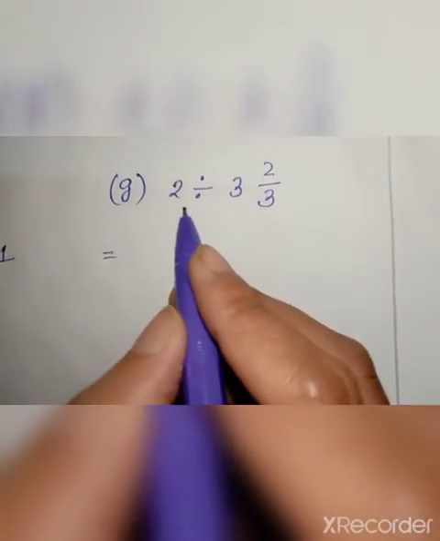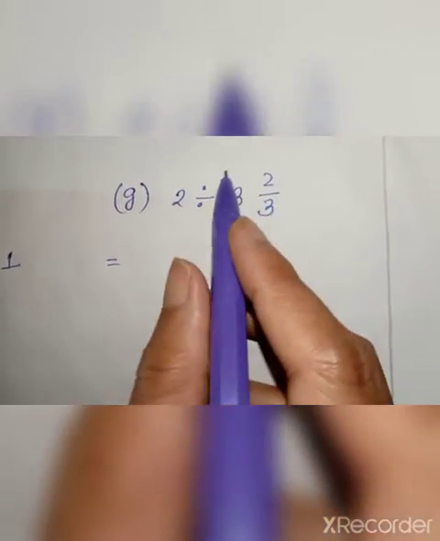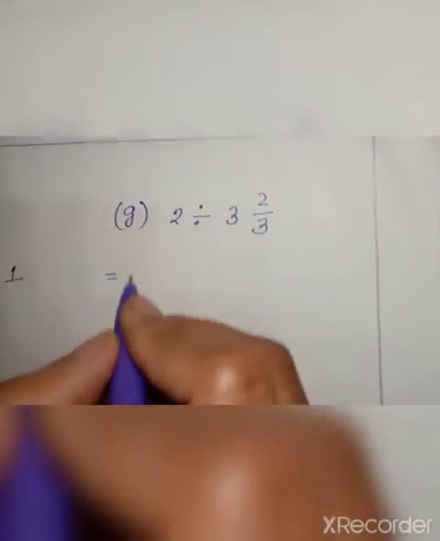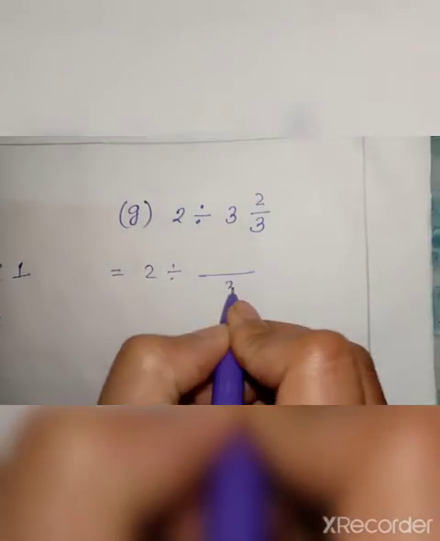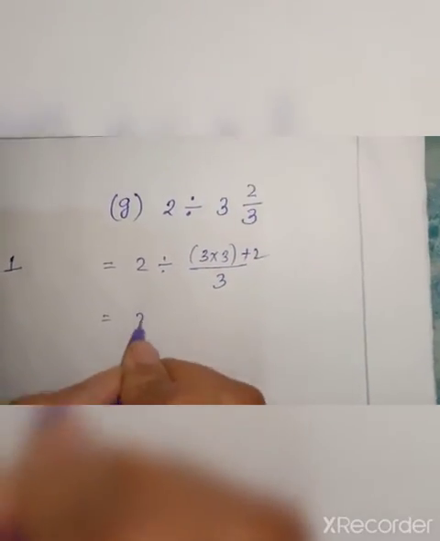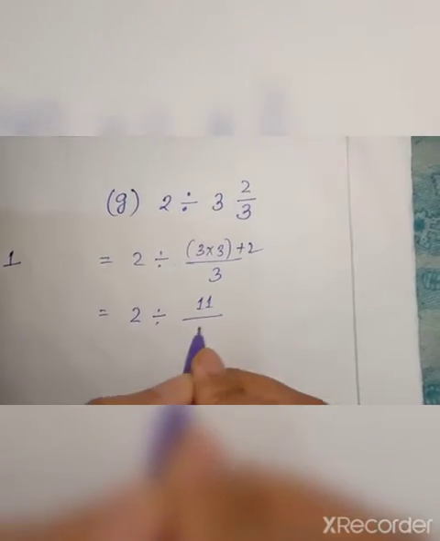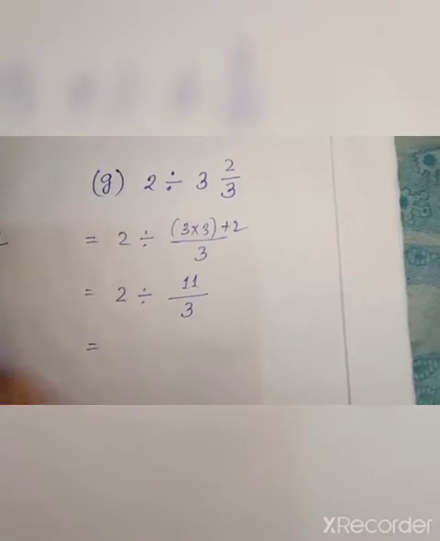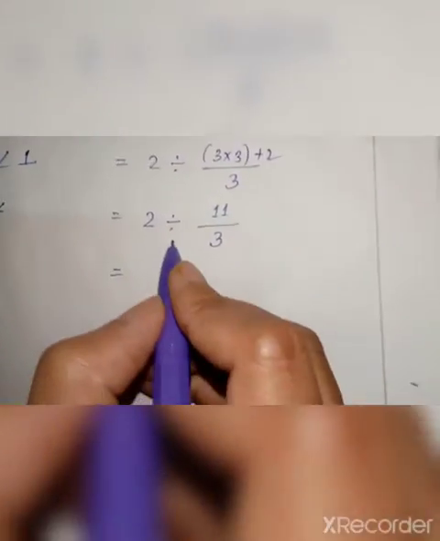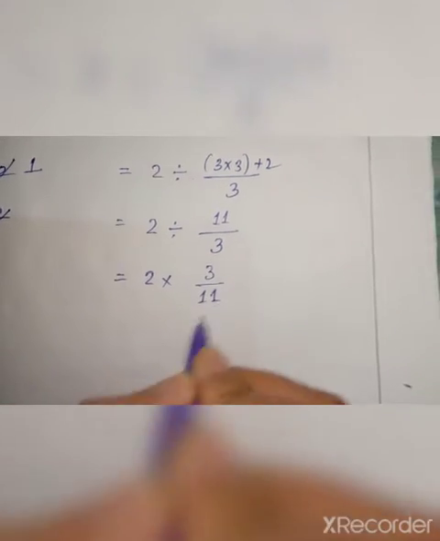Here the question is 2 divided by 2 by 3. First of all you make it improper. So 2 divided by 3 3s are 9 plus 2, 11 by 3. Then replace this division by multiplication: 2 into 3 by 11.